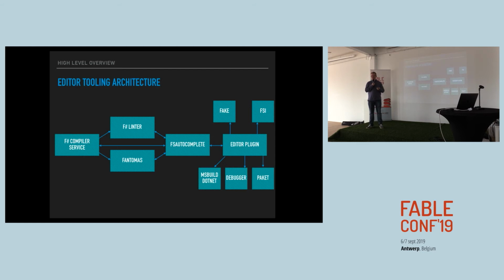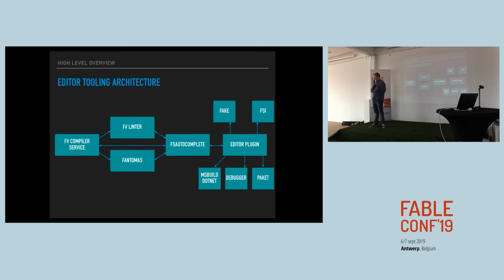What's used for creating Vim extensions? Whatever. I cannot use it in Lisp in case of Emacs. So the community has created this long-running process called FS Autocomplete, and FS Autocomplete is exposing multiple communication methods on top of F# compiler services.